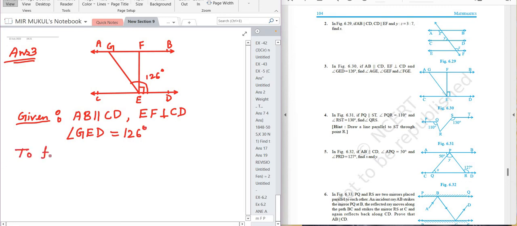Now to find: we have to find angle AGE, then angle GEF and angle FGE.